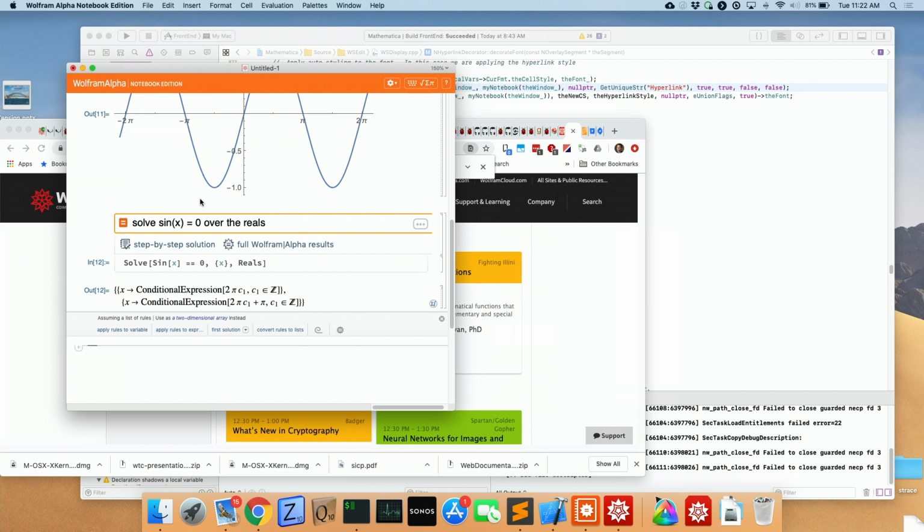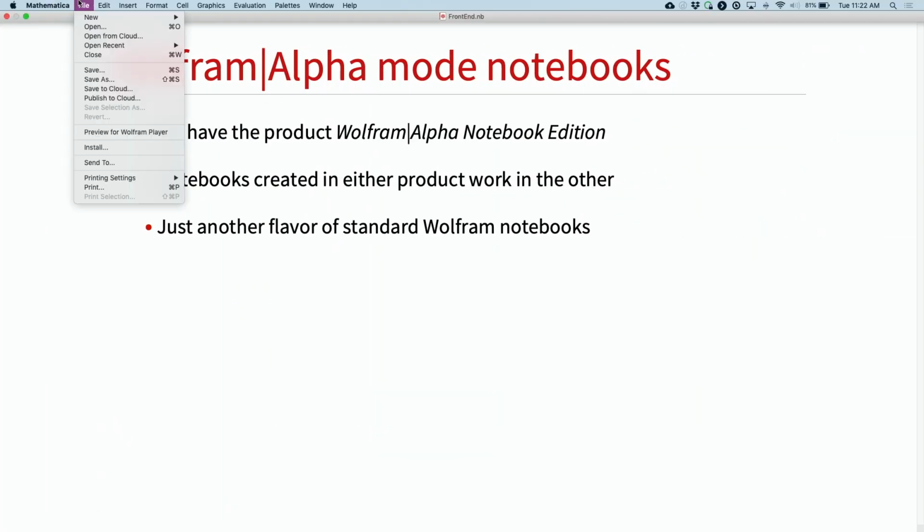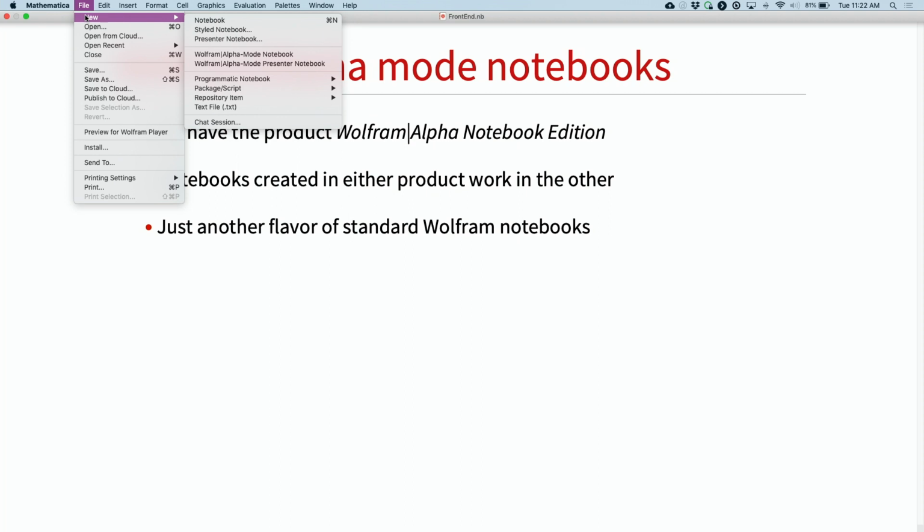It's very cool. So this is a standalone product that we scoped to be limited for a particular audience, but don't think that these notebooks are limited to the standalone product, because we just didn't quite get it ready in time for 12.0. But in 12.1, we have these Wolfram Alpha mode notebooks here as well.